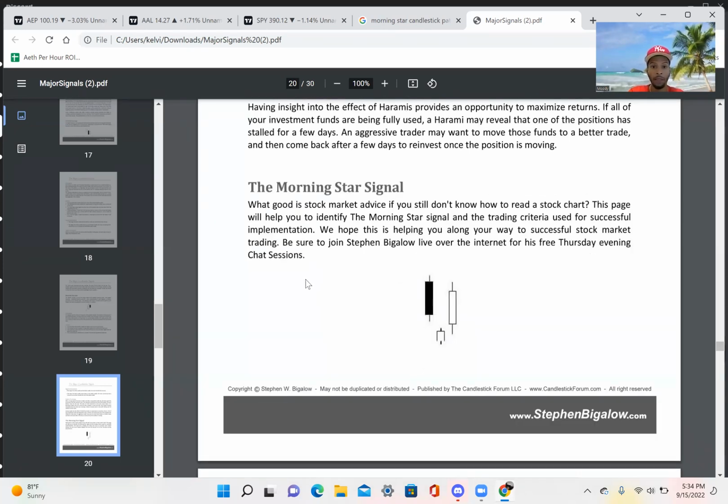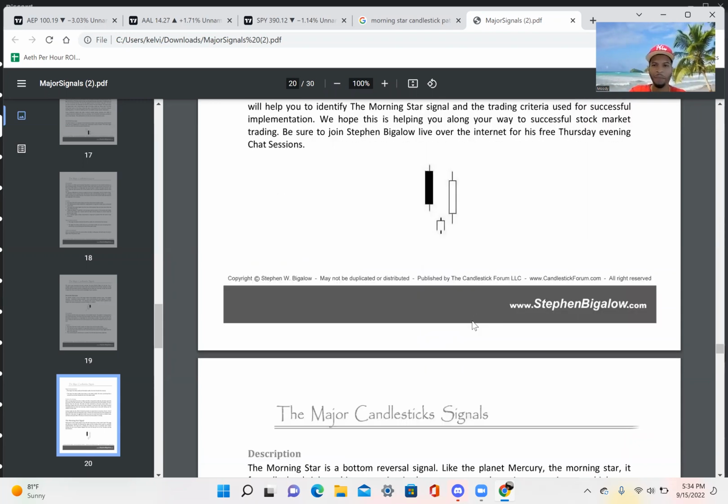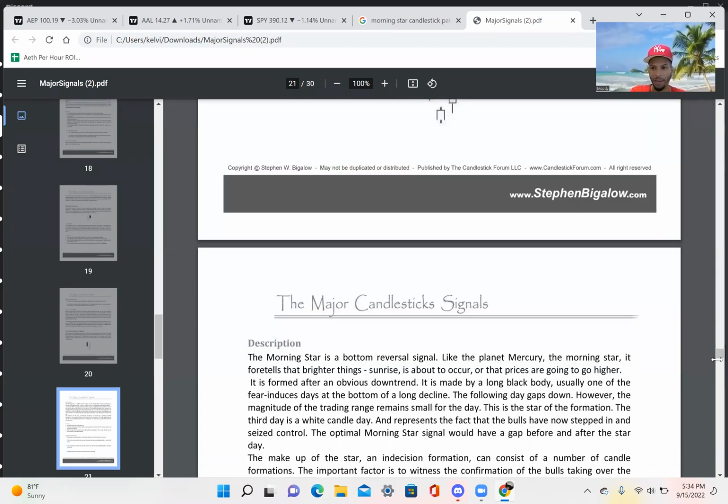This page will help you identify the morning star signal and trading criteria used for successful implementation. But that's what a morning star right here looks like, right, guys?